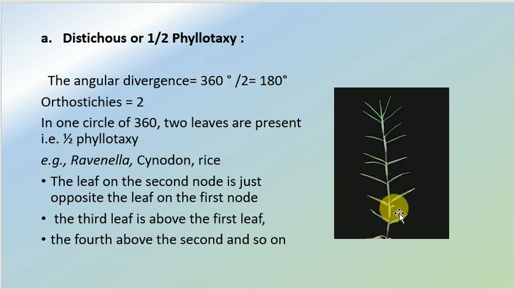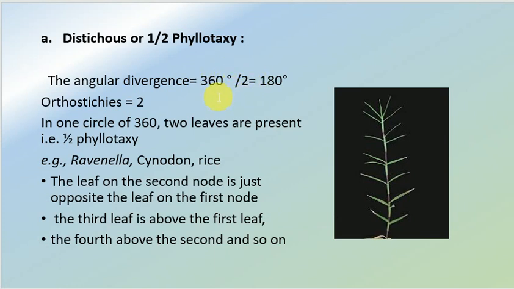So here this is the image of the cynodon grass, that is the example of the 1 by 2 or the distichous phyllotaxy. Here we can clearly see the two rows of the leaves. So how many orthostichies are there? 2. So here 2 is written, and the one genetic spiral is having two leaves. So the one genetic spiral, that is 1 divided by 2.